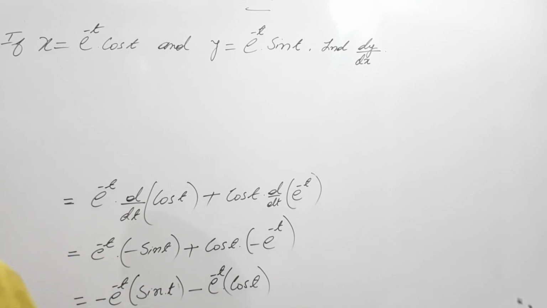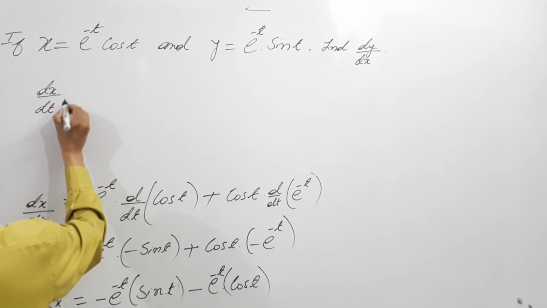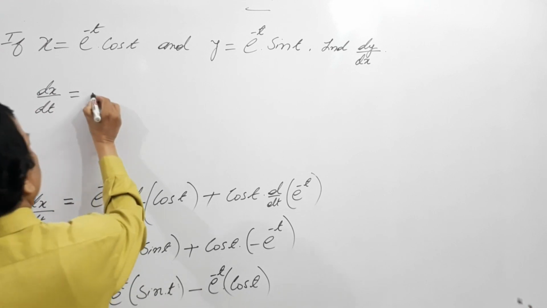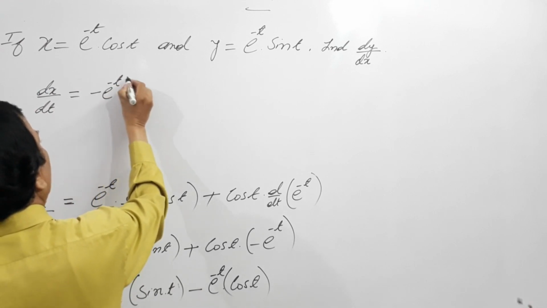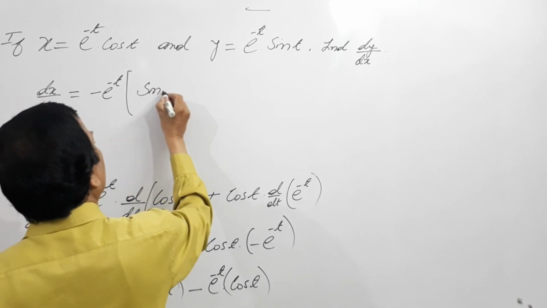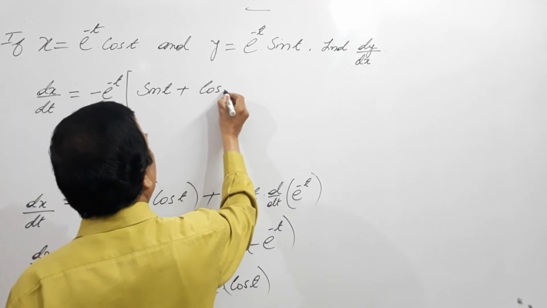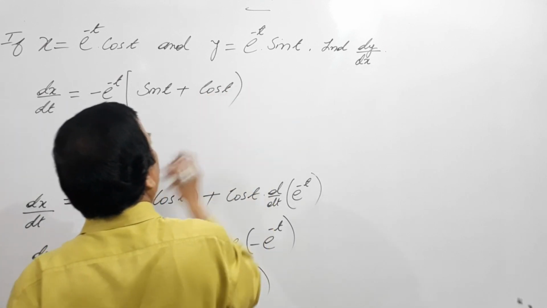So this is our dx by dt. So dx by dt equals, I take minus e to the power of minus t common. So this becomes sin t plus cos t. I'll use a common bracket.